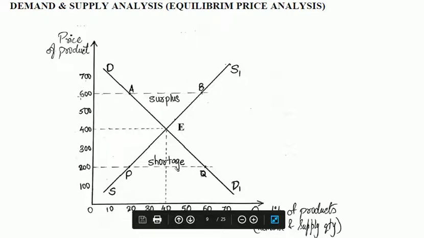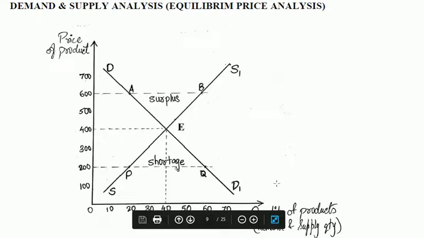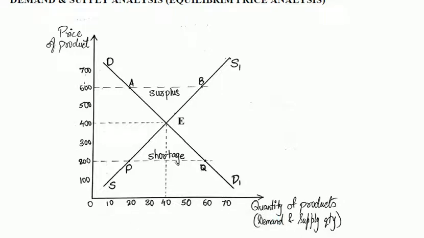At 600 rupees, the quantity demanded is 20, and at that same 600 rupees, the quantity supplied is 60, because my suppliers are very happy, and I'm giving them a higher margin, so they are supplying more products to me. 60 products, but the demand has dropped from 40 to 20 because the price has increased.